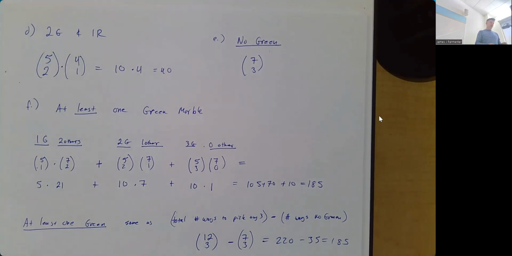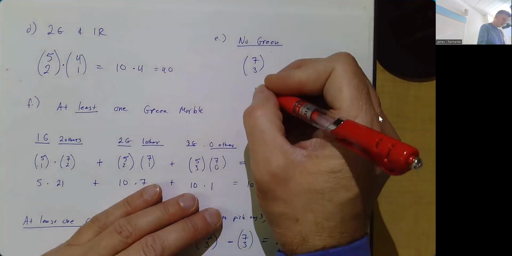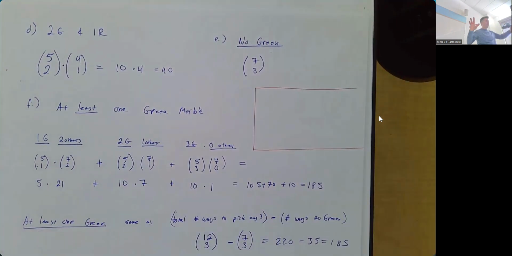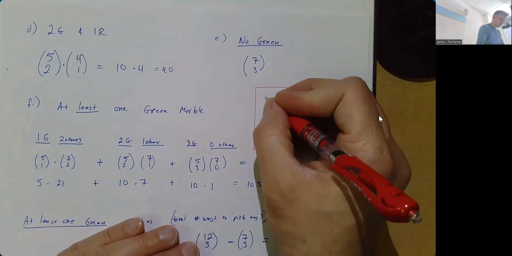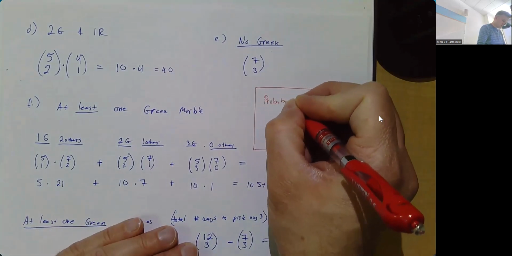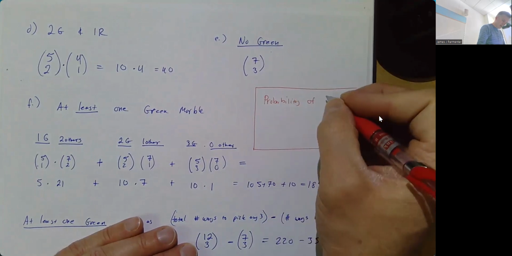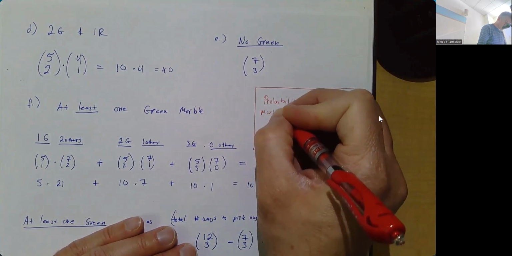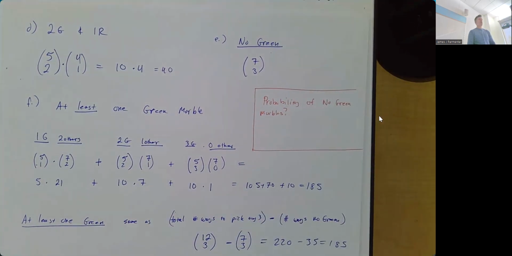On the other hand, if I had said, if I pick 3 at random, what's the probability of not getting any green? So the probability of something happening is the number of ways of the thing you want happening divided by the total number of things that can happen.